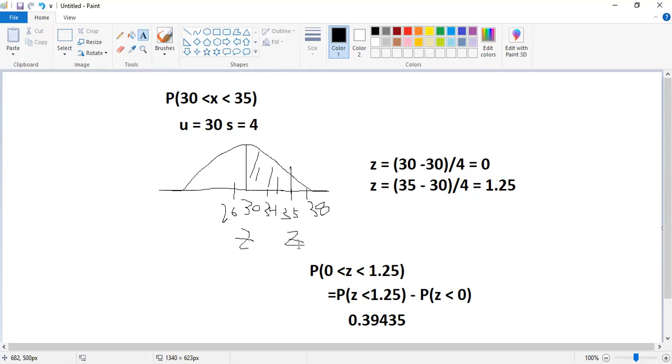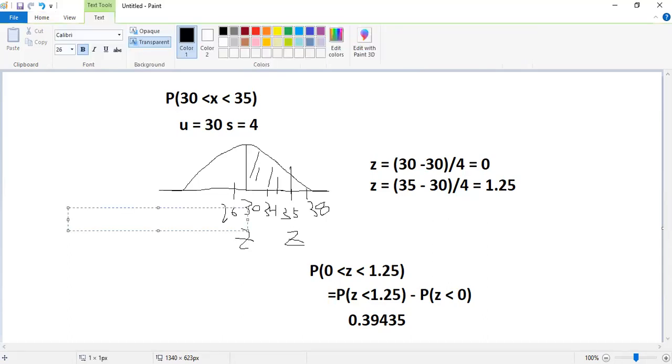But if it's just one value, like the probability of x greater than 70, you have to be careful where the sign is pointing. Your answer might be negative, or your answer might be positive, but the sign will determine where your answer should be. So just take your time, watch the video, do more examples, and I'm sure that the Holy Spirit will help you.